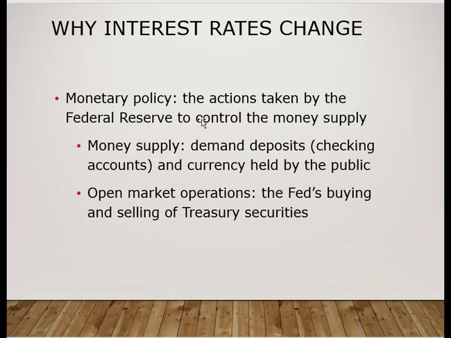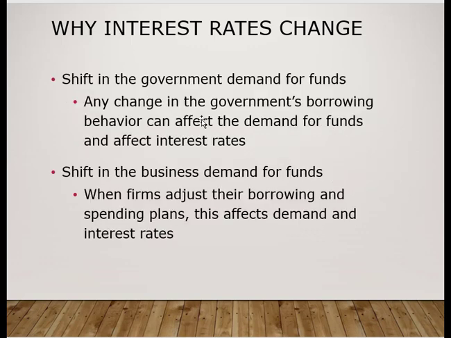The job of the Federal Reserve is to control inflation, so they will make changes to the money supply. They will make changes through what's referred to as open market operations to manage the supply of funds so that they can control interest rates. Sometimes this makes sense, and sometimes it's contrary to what government and businesses might want them to do. But their job is to control supply, which ultimately controls interest rates.